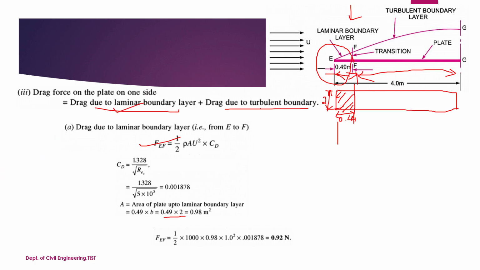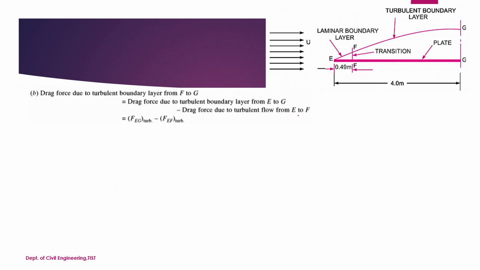Now we'll move on to this part. Here what we do is we'll assume that for the entire length EG we have turbulent boundary layer. We'll make such an assumption, and we'll first find out the drag force due to turbulent boundary layer from E to G for the entire length.